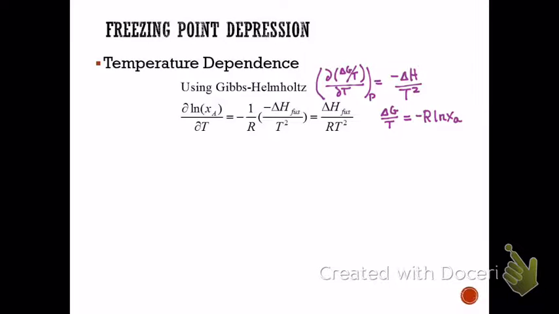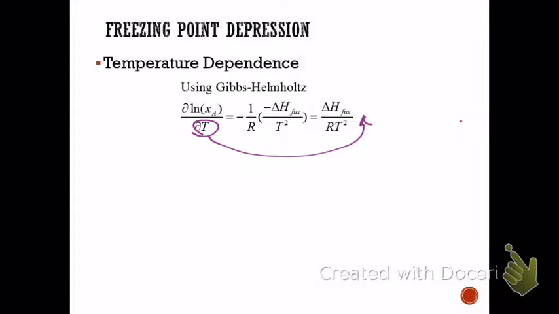If we note here that in our expression on the previous page, we had delta G over T equal negative R ln of x sub a, then we can make the substitution into this derivative, and we then take the negative delta H over T squared and substitute it into our result, and this is what we have under these circumstances. So we end up with this overall expression.